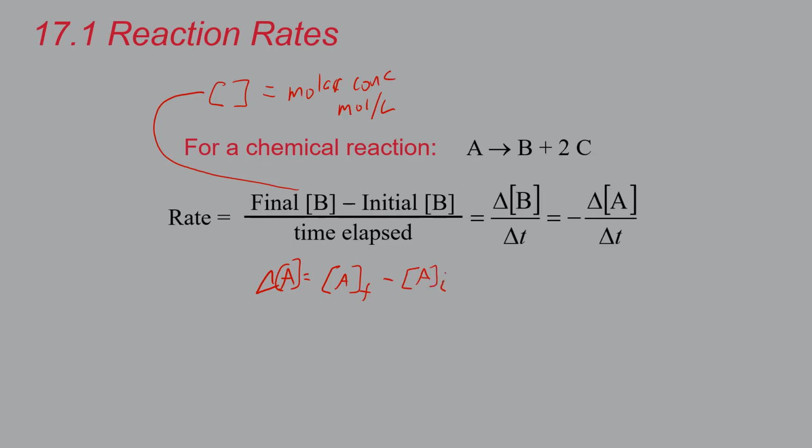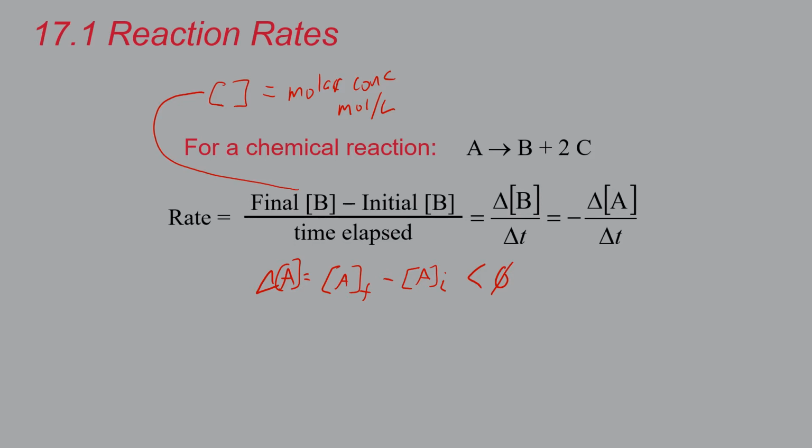But when a reaction goes, the concentration of the reactants is going to go down, which means this is going to be a negative quantity. It's going to be less than 0. And so we put the negative sign in the reaction rate, and that fixes that all up.